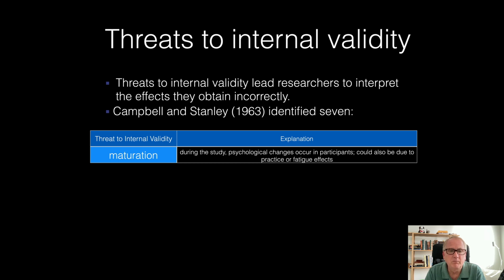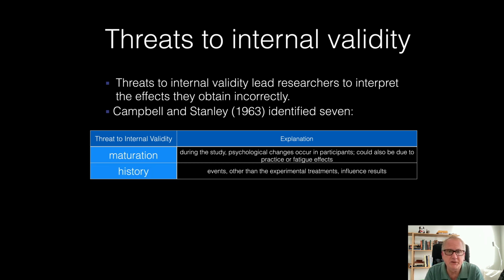The first one's called maturation. So maturation is during the study, psychological changes occur in the participants. This also could be due to practice or fatigue effects. So something is happening between O1 and O2 where the participants are just naturally getting older, or they're feeling fatigued, or something happens to them in terms of time. Then we have history.